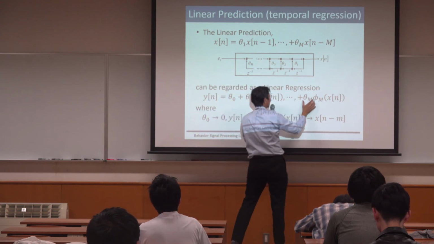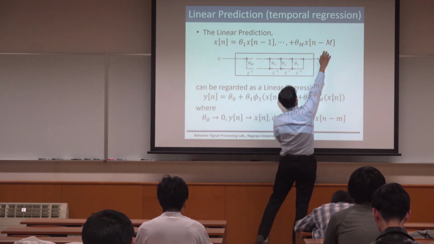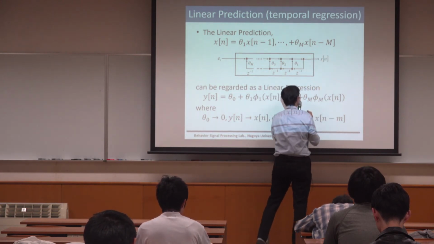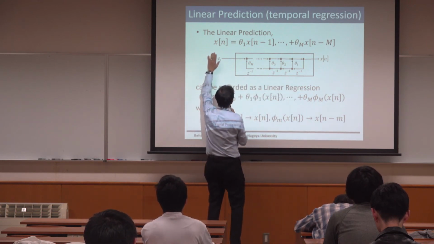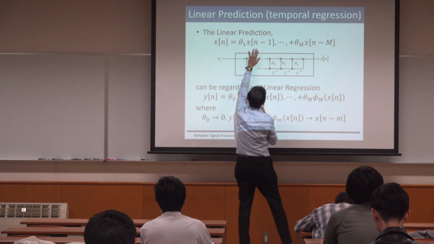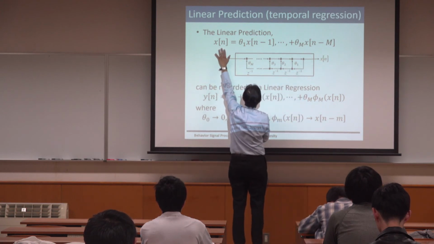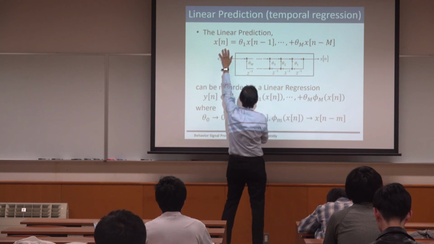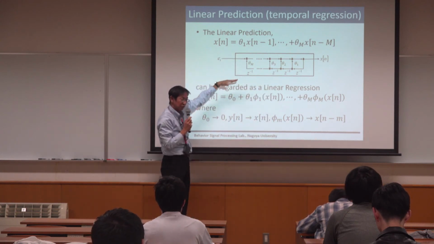And theta m times phi m is also similar. Then this is a prediction, where you regress on the previous data. Okay, so this is regression data.